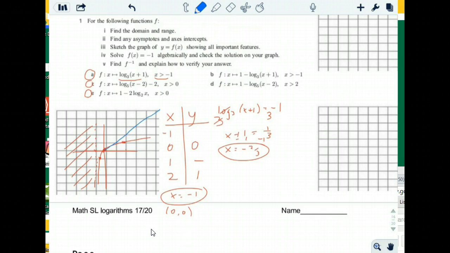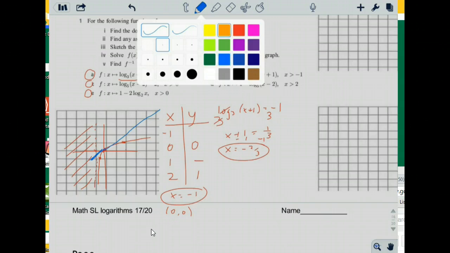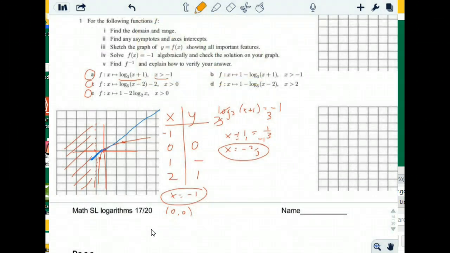So that would mean we would have something like 2, something like that, right? Okay.